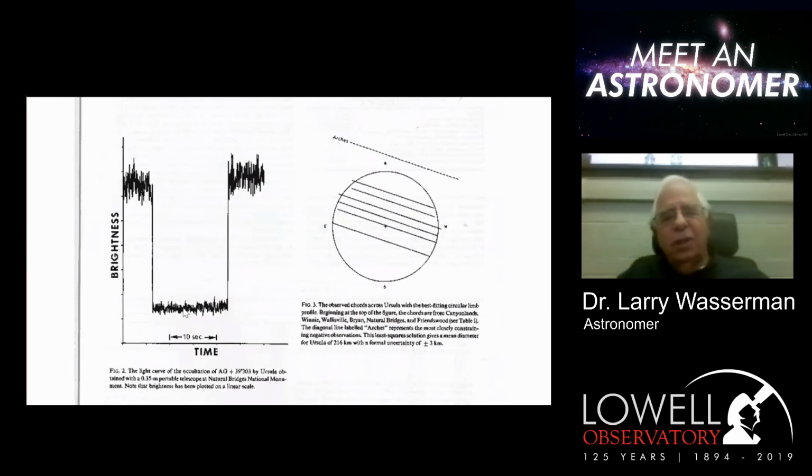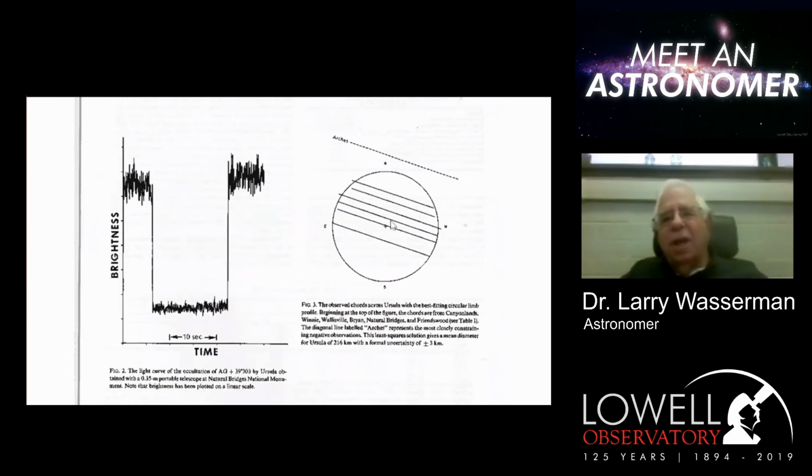And then all you see is the asteroid for a while, in this case about 12 seconds, and then the star pops out on the other side, and you see both of them together. So from the time that it's gone, knowing the velocity, we can determine a distance.